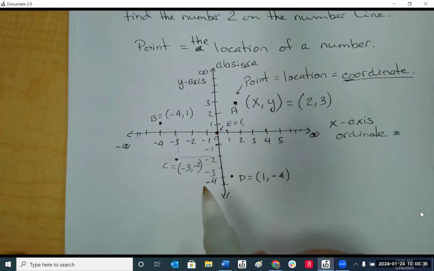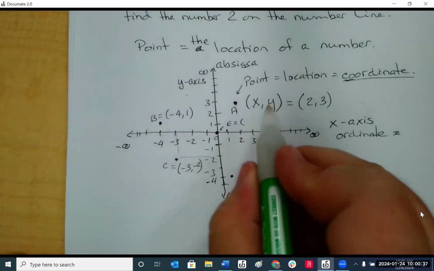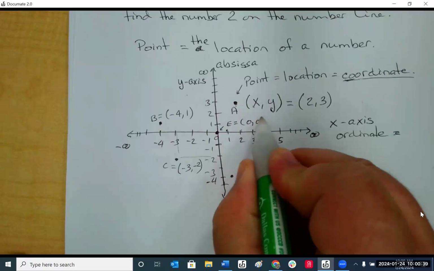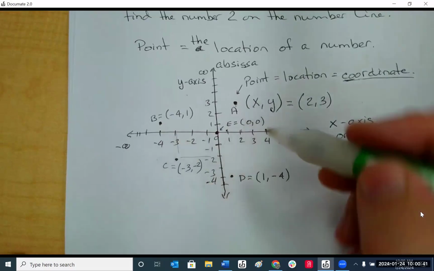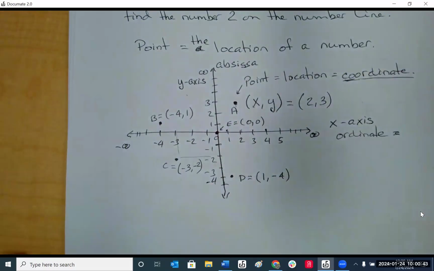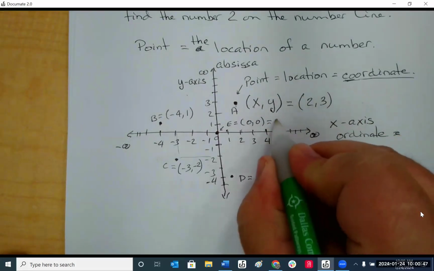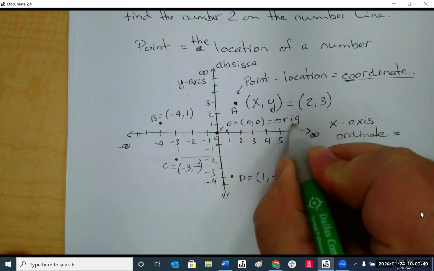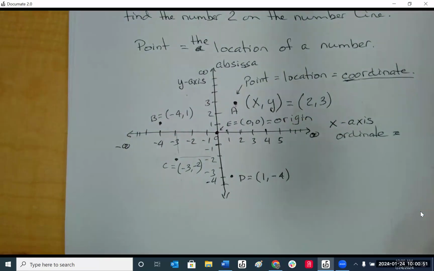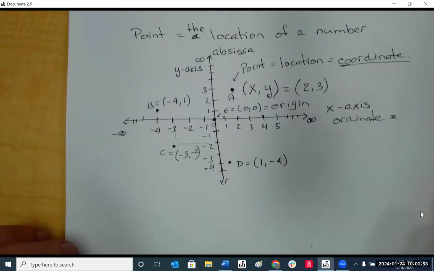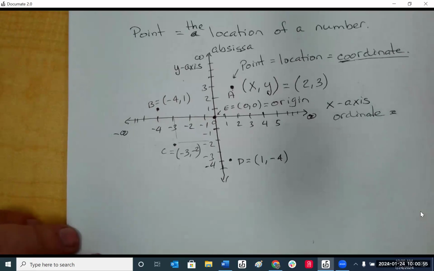Just 0? 0, 0. Has to have 2 numbers. It's 0 on the x, 0 on the y. You don't go anywhere. That's called the origin. Origin means what? The beginning. That's where it begins.